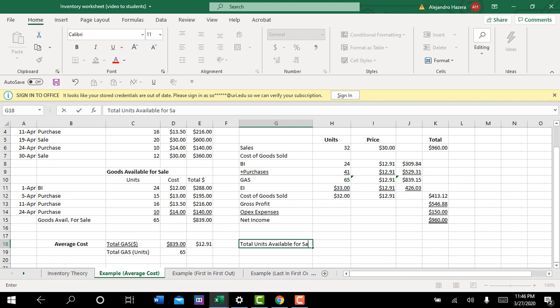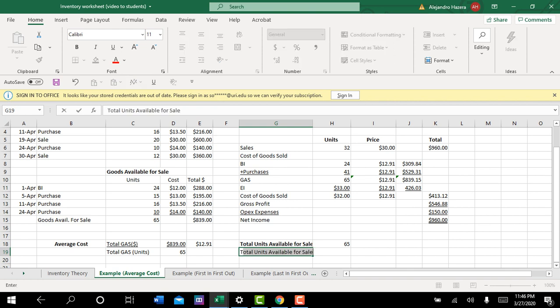Then I take those 65 units and subtract out the total units sold. These are going to be key numbers for all the examples coming up.